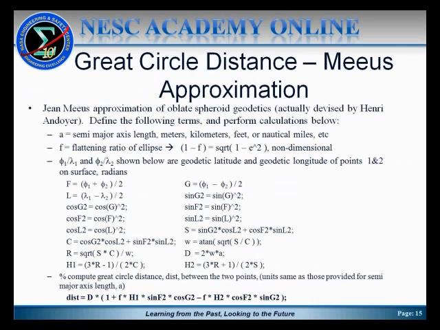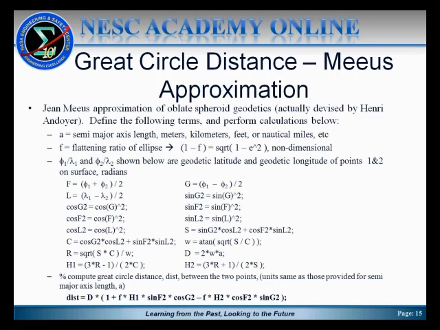If you want more accuracy with your calculation, you can use this approximation. This is, as I said, normally attributed to Jean Meeus. Shown here is actually a little code snippet that was taken from a model that I used. If you define the A as a semi-major axis length, then it can be in either meters, kilometers, feet, nautical miles, or whatever you want your calculation of the great circle distance to be.